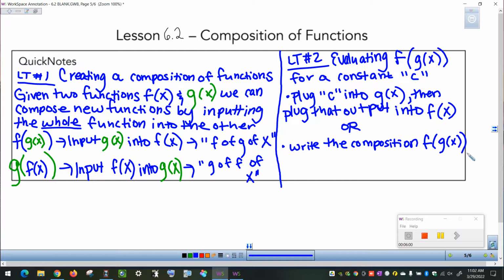So that's where we have the composition written out, but notice how t is in that formula. So we can get it in that form, and then we could just plug our specific value in for the variable there. So I'm just going to say at the end here, just plug c into the composition.